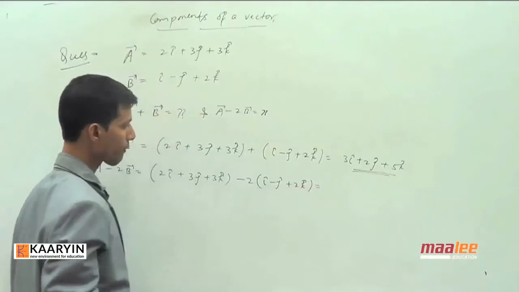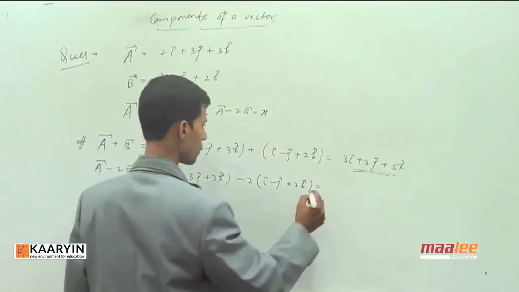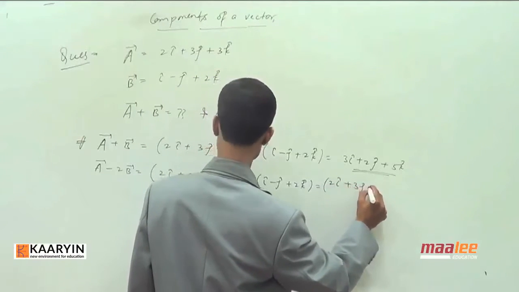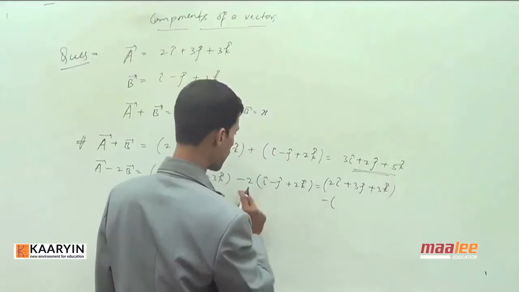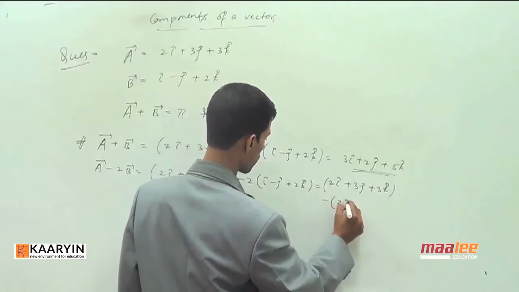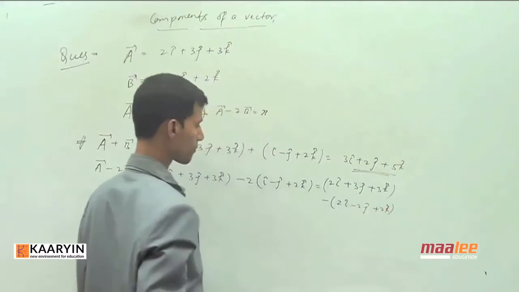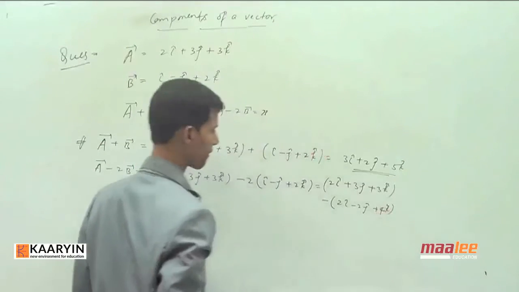Now I have to multiply the 2 inside, so it becomes 2i plus 3j plus 3k minus of 2i minus 2j plus 4k.